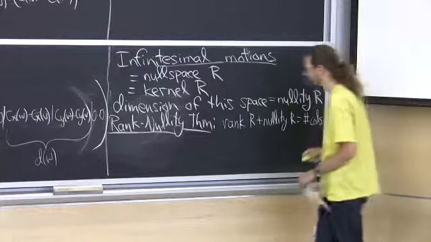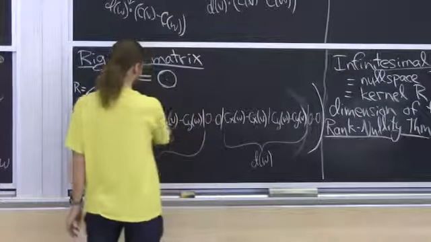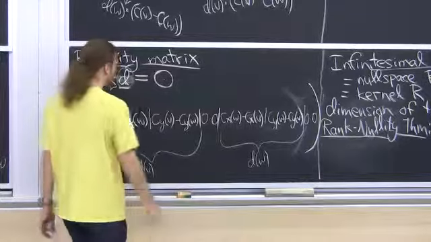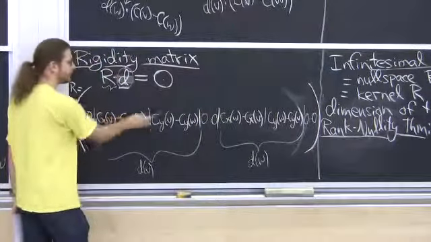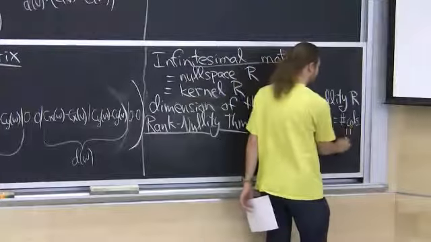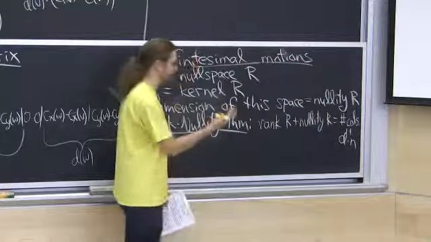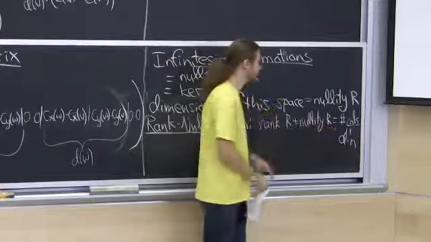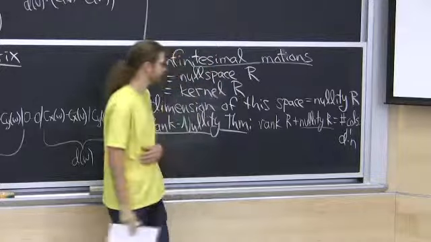Now in our case, the number of columns is d times n. We have n vertices down here, and each of them has d coordinates. So for us, this is d times n. So this is like a conserved quantity. What we care about is the nullity. This is the space of infinitesimal motions.